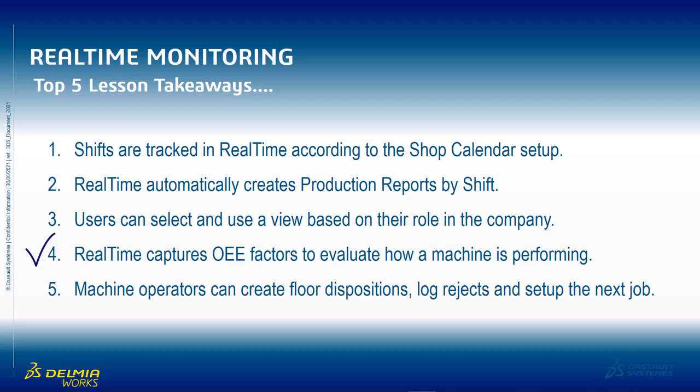Fourth, real-time captures overall equipment effectiveness factors so you can evaluate how a machine is performing. Right up to literally the second, you can see changes in how your machine is performing and maybe make adjustments if required, if it's not running per the standards that you have set.